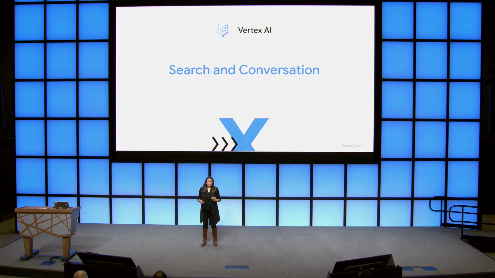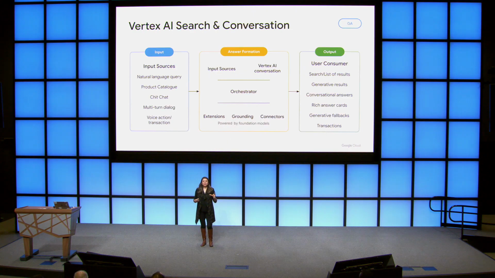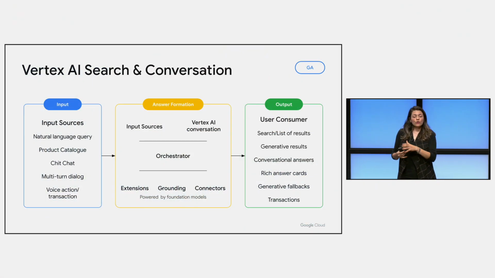And with Vertex search and conversation, that's more the orchestration layer that helps you to build that final solution. And let me give you an example, right? I want to have a conversation. I ask a question. That question could be potentially a search in a database. Or it could actually be a transaction. I want to book a flight. First of all, I want to see, OK, what are the flights available?